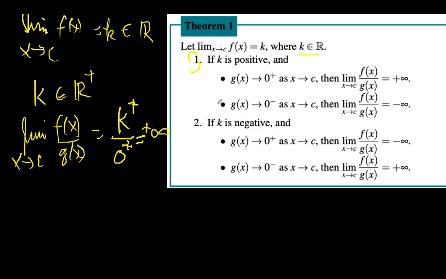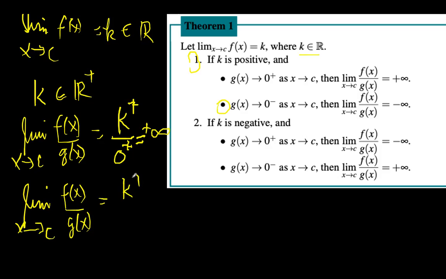All right, now let's move on to the next statement. How about the limit of f of x over g of x as x approaches c, if f of x is still a positive real number, and the limit of g of x approaches 0, but all of the values before it approaches 0 are negative? So this is positive, this is negative, so positive divided by negative is negative, and it is infinite still.